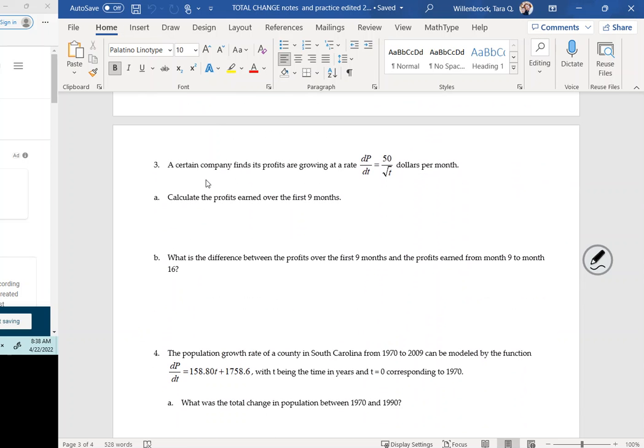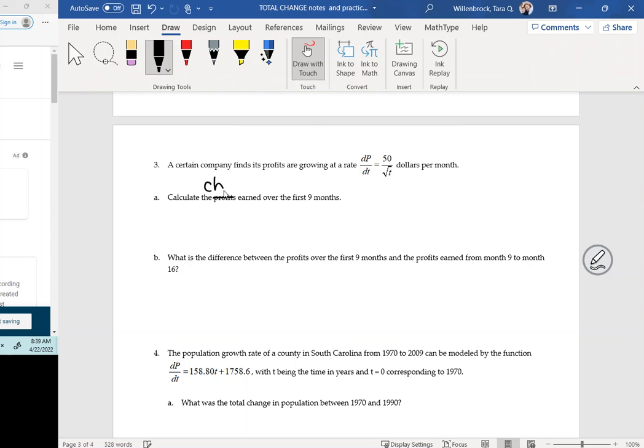Problem number 3 is the one I want to change, because actually the way this is worded is not correct. We're not calculating the profits earned over the first 9 months. We're calculating the change in profits over the first 9 months.